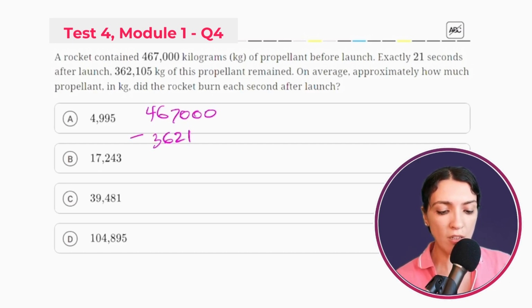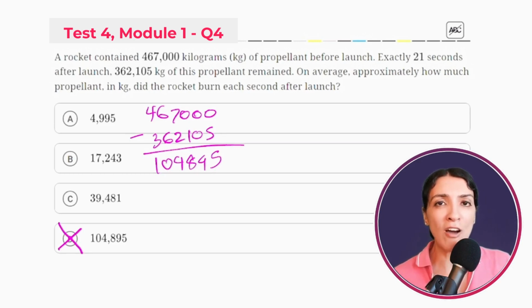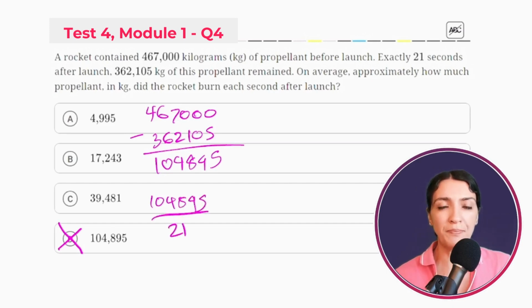So we'll use our calculator quickly to find the difference, which would give us 104,895, which of course was given as choice D as one of the trap choices by our beloved test makers. The question is not asking how much propellant was used, but the rate at which it was used. So we need to divide it by the time that's given. So if we take the number and divide it by 21, we'll get choice A.